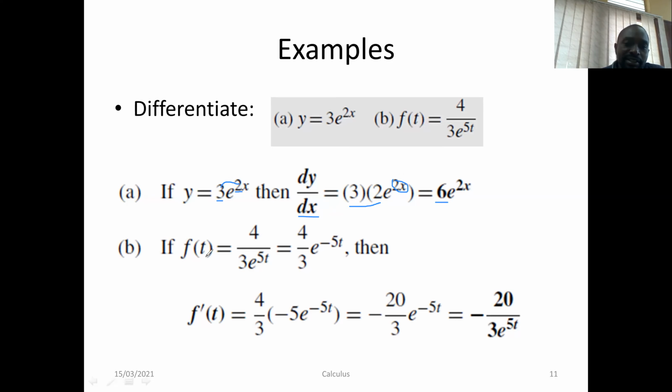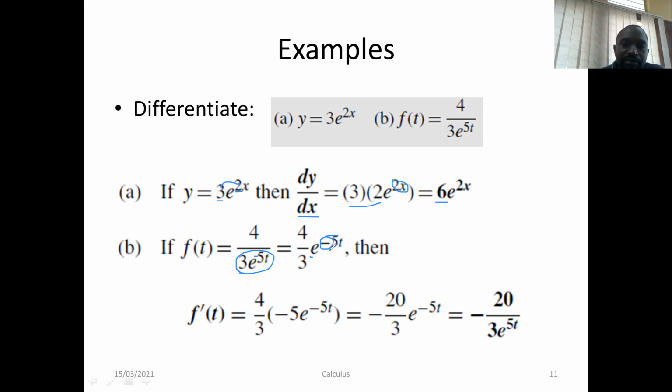Looking at example number 2, if you are given a function f of t equals 4 over 3 e to the power 5t, the first thing to do is to write this as a product. So this can be written as 4 over 3, then the exponent, when it goes above the division sign, the power of the exponent becomes negative, as you can see here.